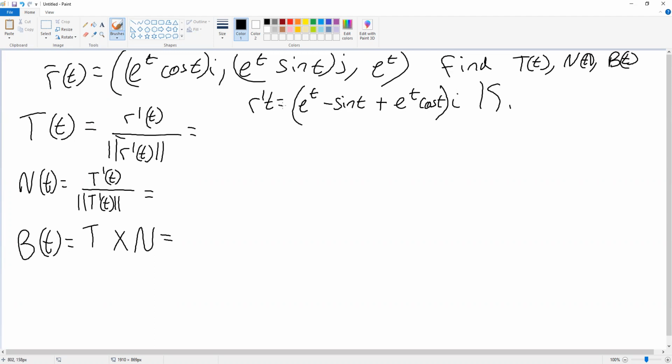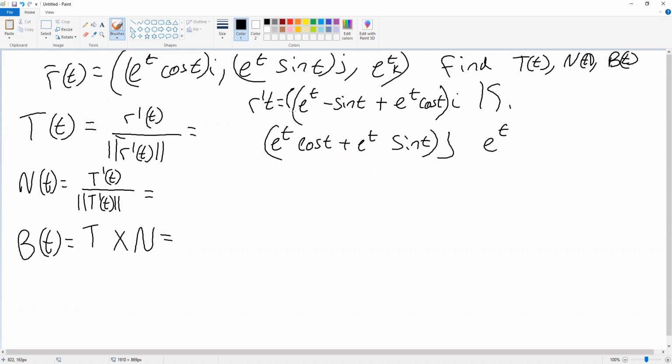And then this one's gonna be the same thing, just e to the t times cosine t, plus e to the t sine t, right? And that's just going to be the j coordinate. And we're gonna have e to the t, right? So that's just going to be e to the t.